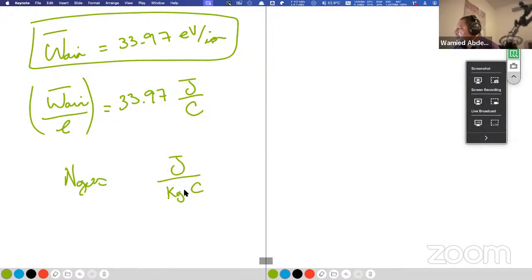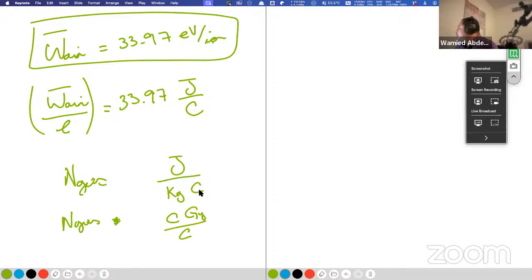More commonly, the units for N gas are centigrays per coulomb, or sometimes grays per coulomb.